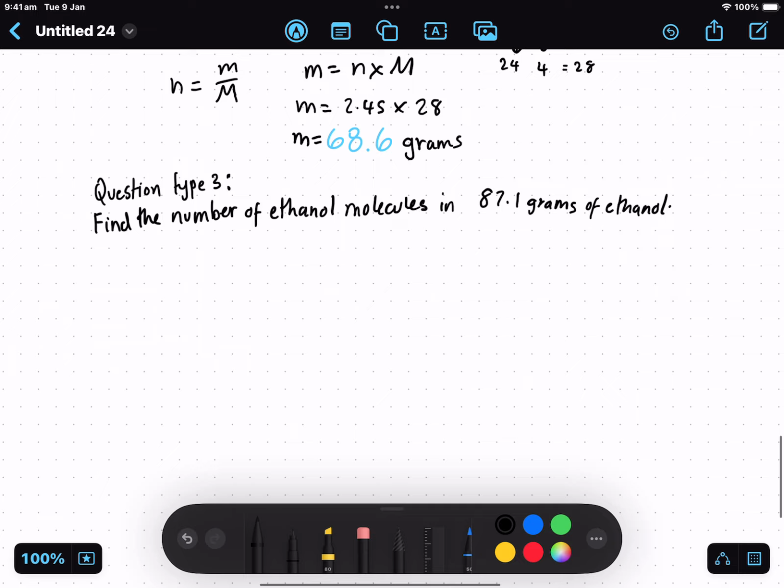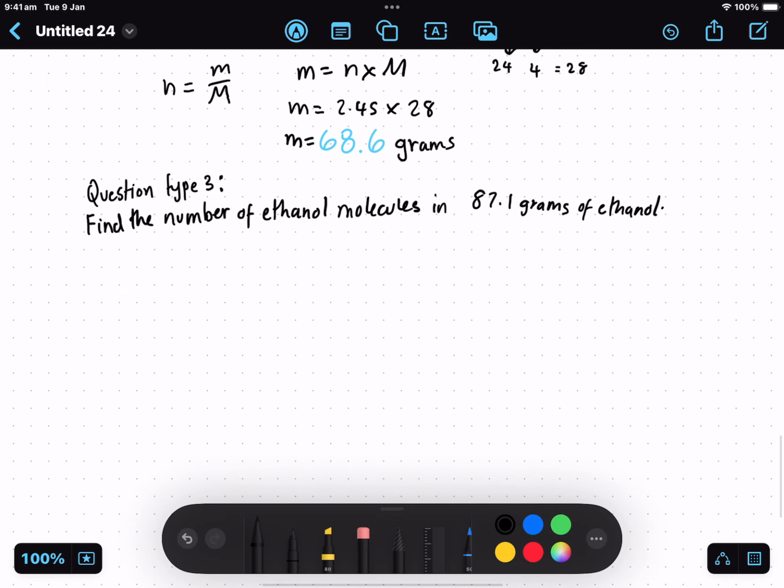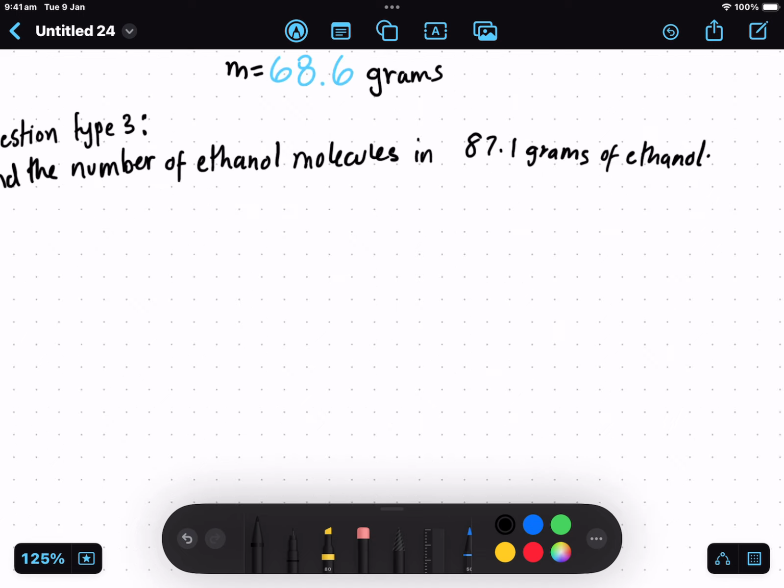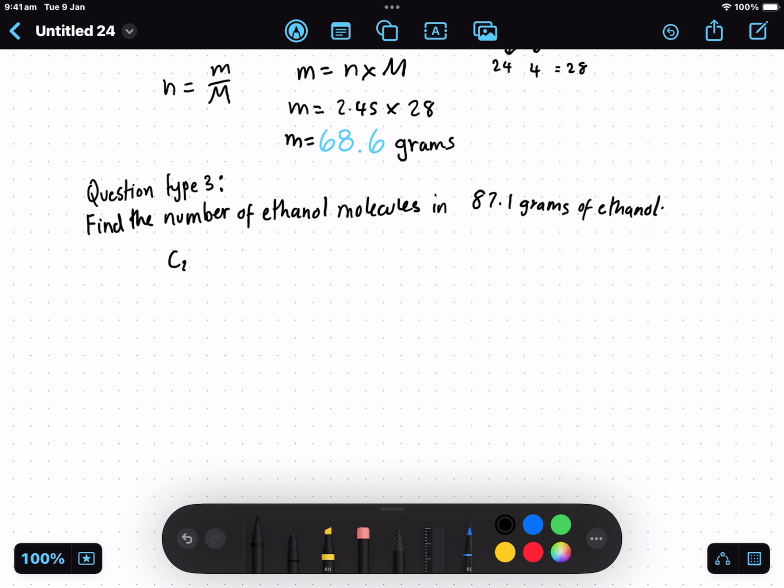Perfect. Now, last question. Find the number of ethanol molecules in 87.1 grams of ethanol. So let's find the molar mass of ethanol. Ethanol has the formula CH3CH2OH, so let's find the molar mass.